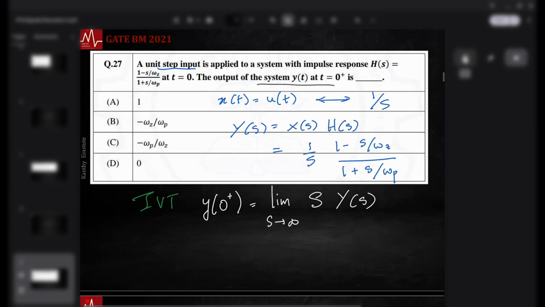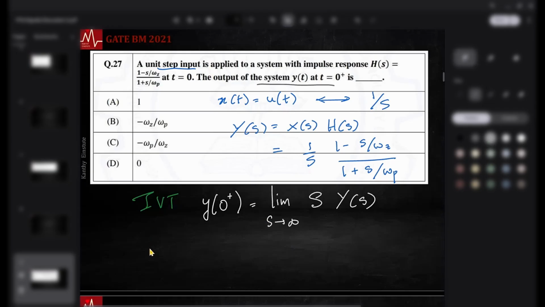Let's do the step: limit s tending to infinity, s into 1 by s into (1 minus s by omega z) by (1 plus s by omega p). Yes, this s cancels. If we apply the limit, what happens?